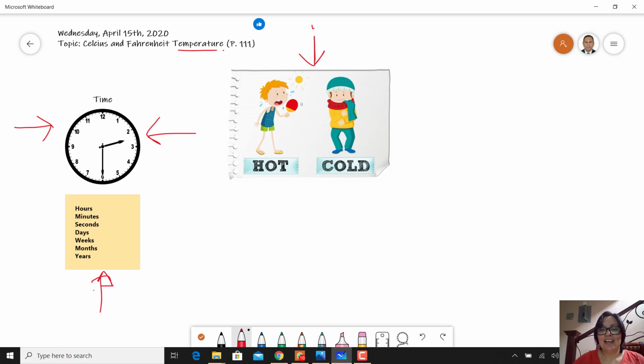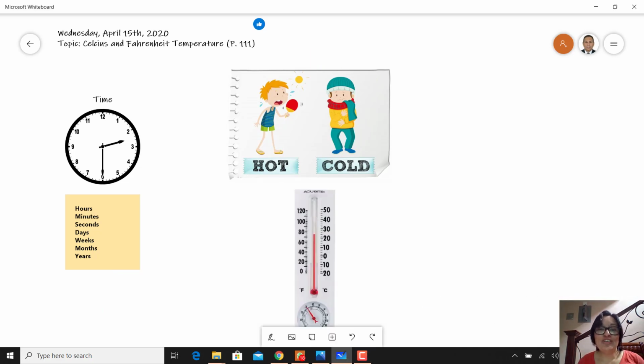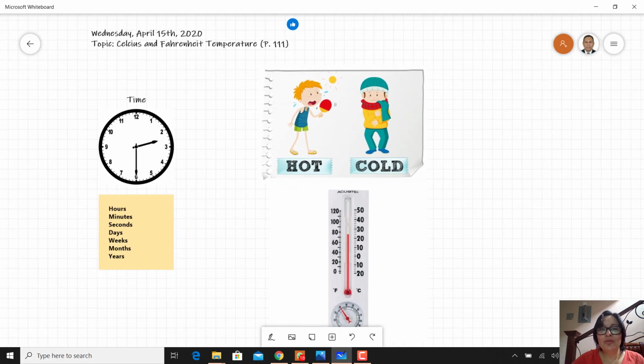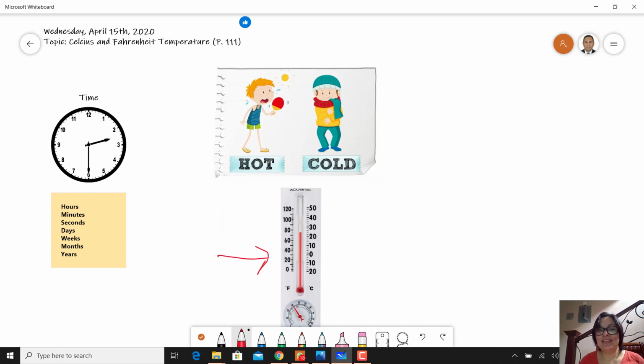So let's see. To measure temperature, we use something that is called, do you know the name of this? It's called a thermometer. With the thermometer, we can know when something is hot or cold, or for example, when you have a fever.